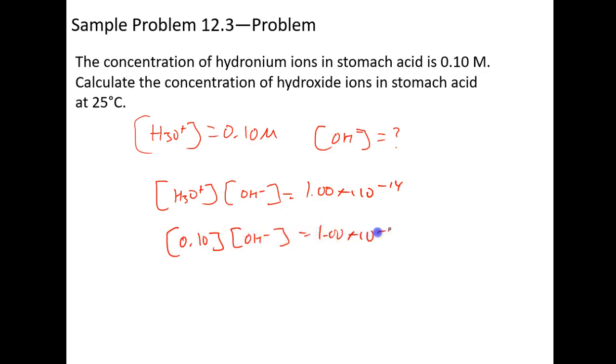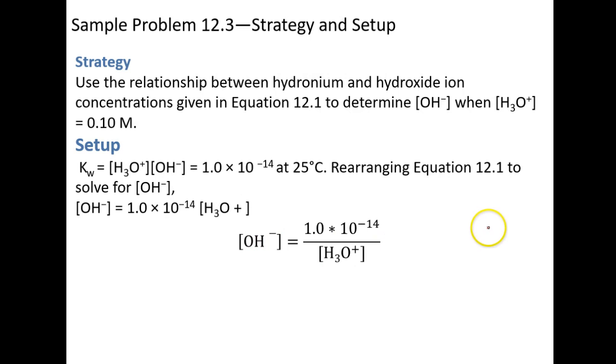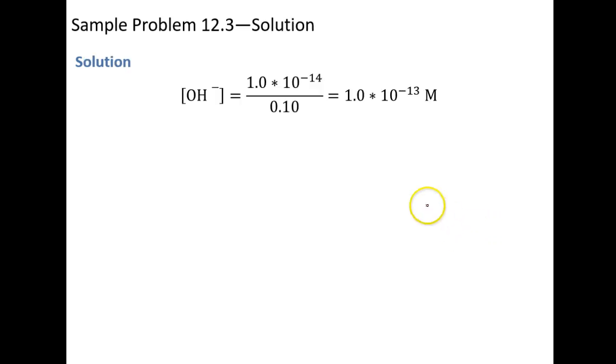So my hydroxide concentration equals 1.00 times 10 to the minus 14th divided by 0.10. All right, I'm going to do this on the calculator. The answer equals 1.00 times 10 to the negative 13th. Okay, and there's the answer.